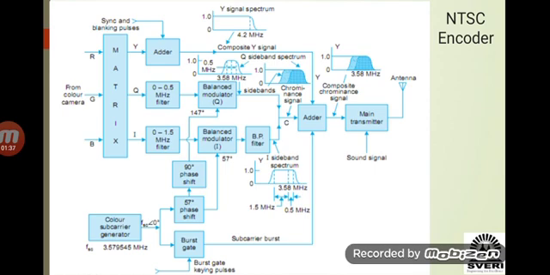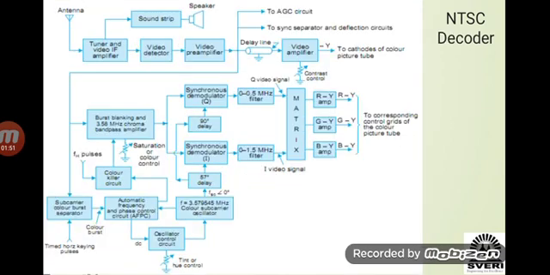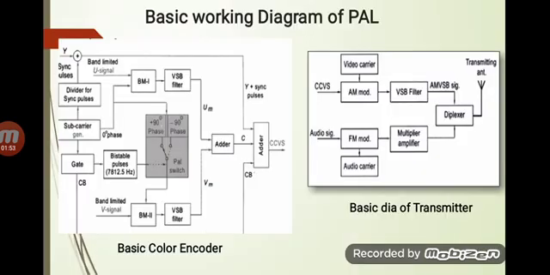But still there are some phase shift related issues that will occur, and because of which NTSC encoder used to have some problem related to the phase shift error, and that phase shift error is eliminated in the next color system, that is nothing but the PAL system.